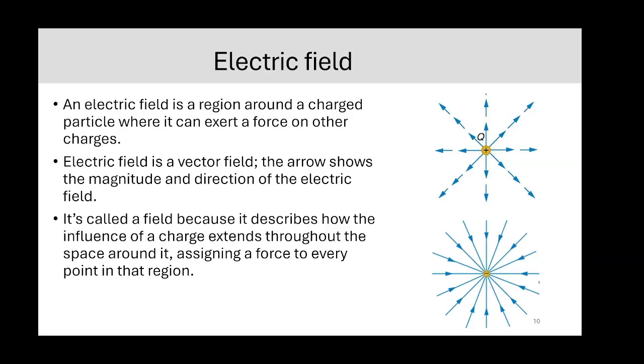For example, in the first figure we have a positive charge, and if we were to put a test charge somewhere here, it will exert some force on this charge. So the electric field is basically the region where this force will be exerted if we were to put some charge in that region.